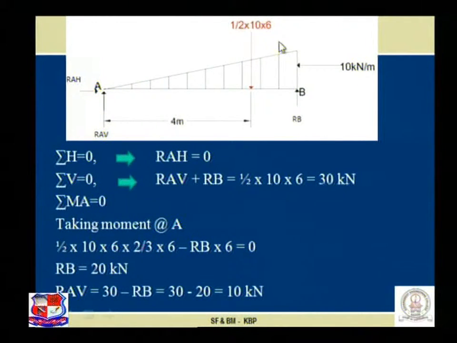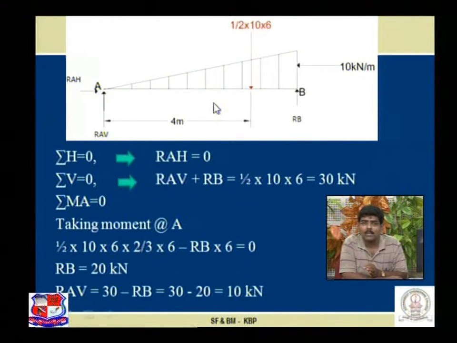Another force, half into 10 into 6, the equivalent point load, creates a moment at A, half into 10 into 6 multiplied by 2/3 of 6, which is 4.